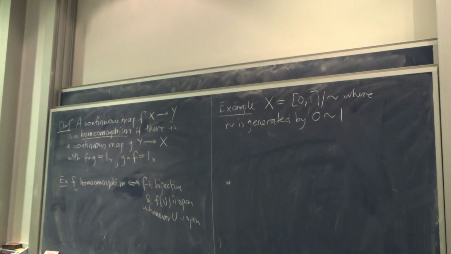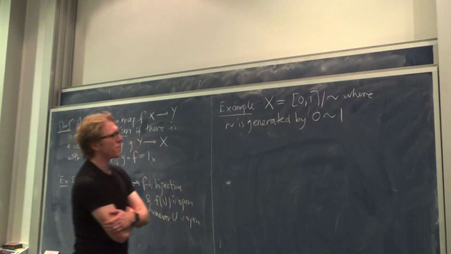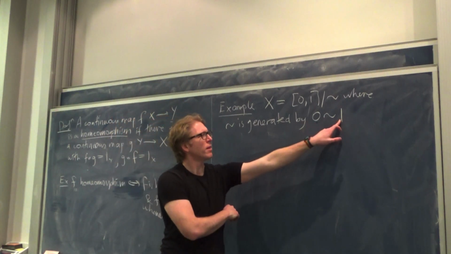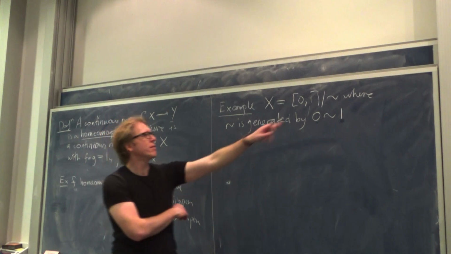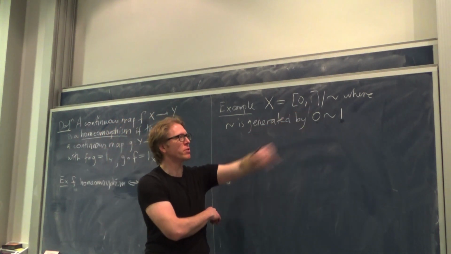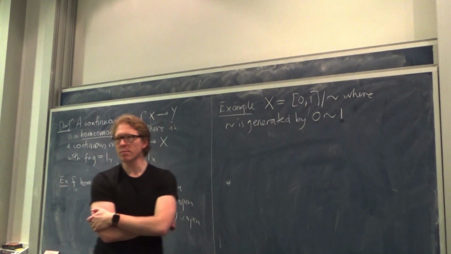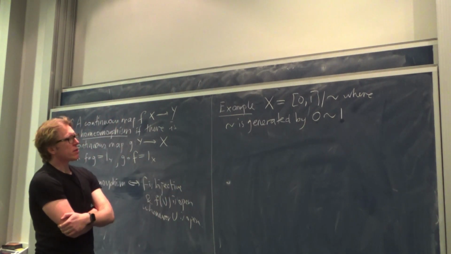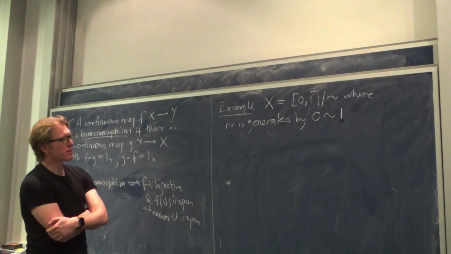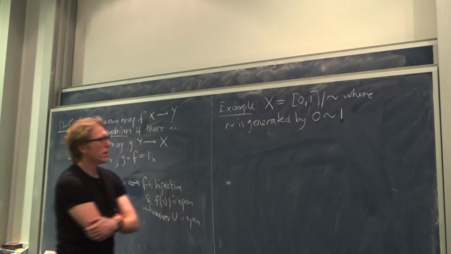It's the same thing. And I take the equivalence relation which is generated by a single pair, which identifies 0 with 1. Right? So the actual equivalence relation, of course, contains the pairs like lambda comma lambda for every lambda between 0 and 1 and not equal to either of them. So this is the generating pair. So that's a topological space, a quotient space, according to what we said last time.